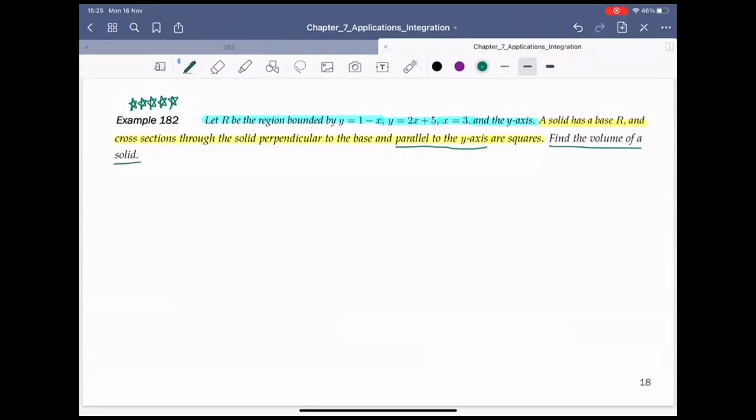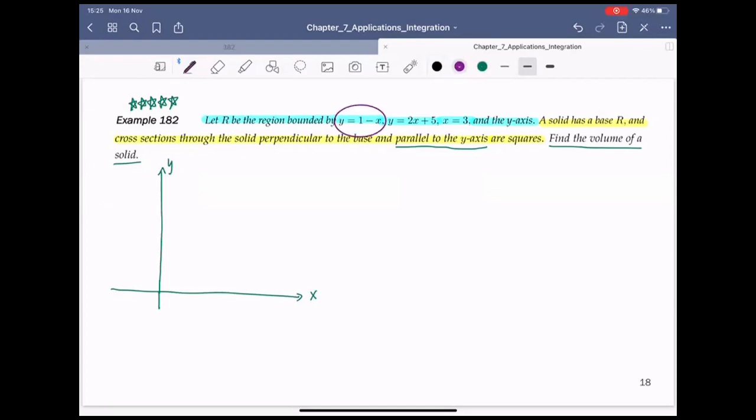Okay, good. So we're going to draw R first. So just go slow. So we need to draw the R. So we're going to have the y-axis, and we're going to have the x-axis here. The first one is going to be y equal to 1 minus x.